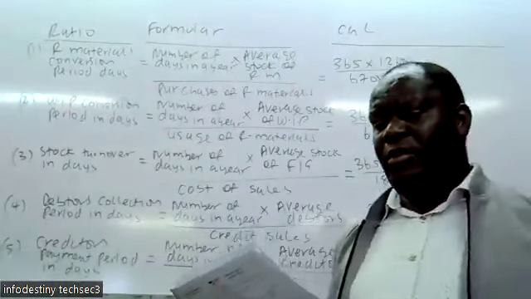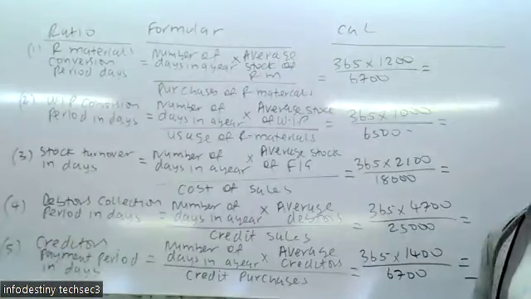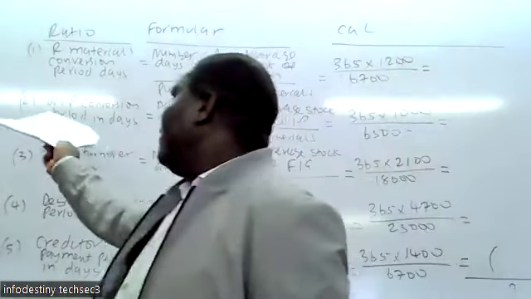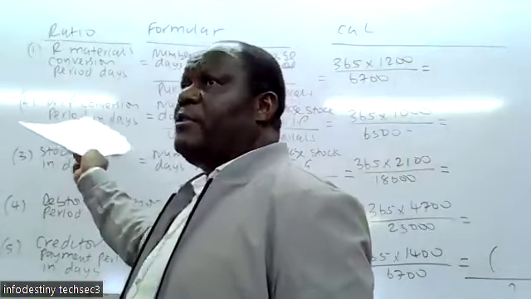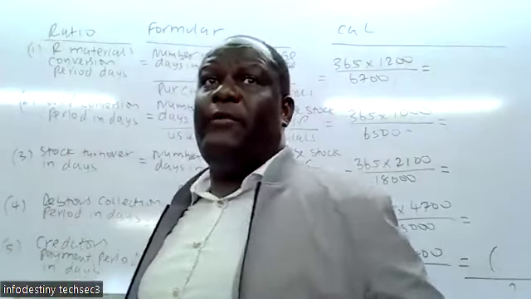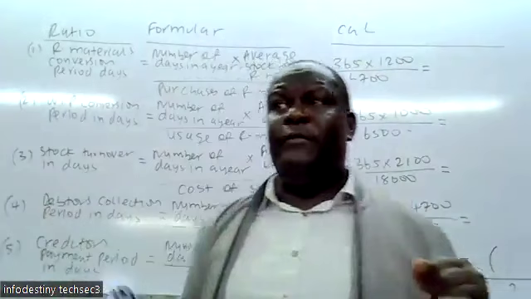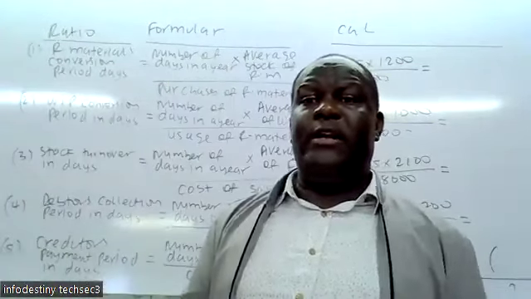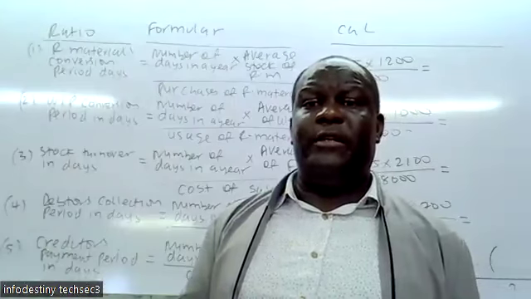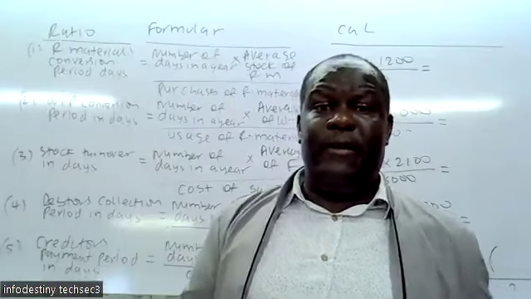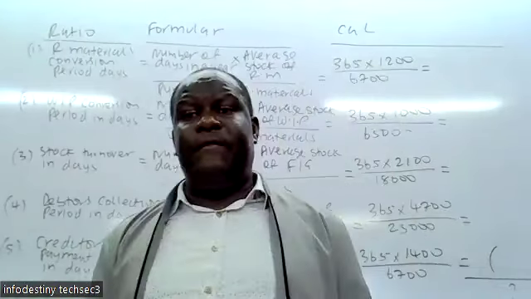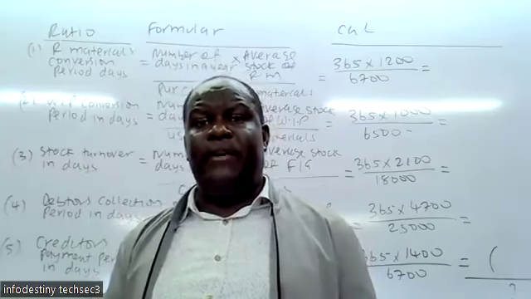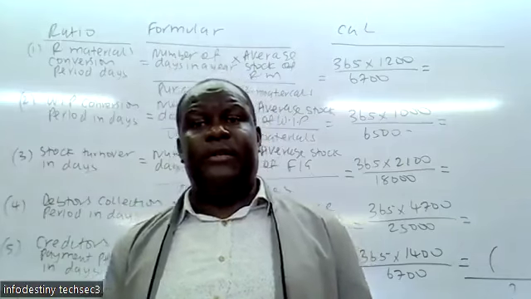Then total production cost. So total production cost, you will use it in the work in progress conversion period in days. The formula I gave you, I said that when you want to calculate the work in progress conversion period in days, it is supposed to be given by number of days in a year multiplied by the average work in progress.